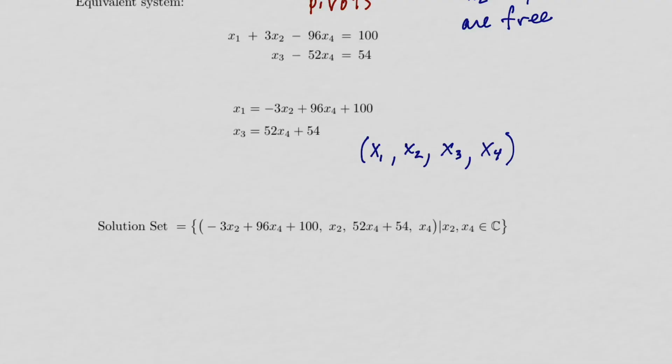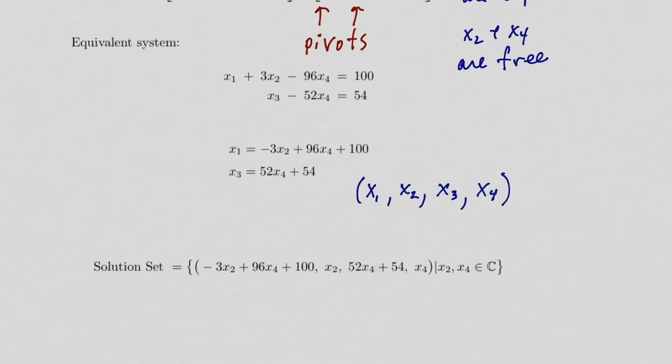Okay, so the first coordinate is going to be minus 3x2 plus 96x4 plus 100. So we got some bigger numbers here, but that's fine. So there's my first coordinate. Now notice x2 is just x2. Why? Because x2 is free. So each of the free variables just appears by itself in your point.